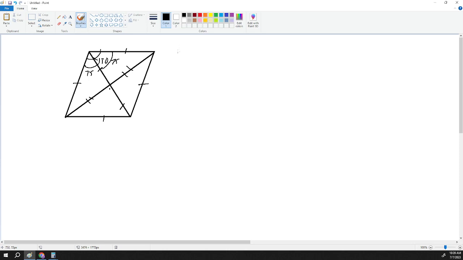There's a special equation for the area of the rhombus. Given diagonals P and Q, if you multiply them together and divide by 2, you get the area of a rhombus.